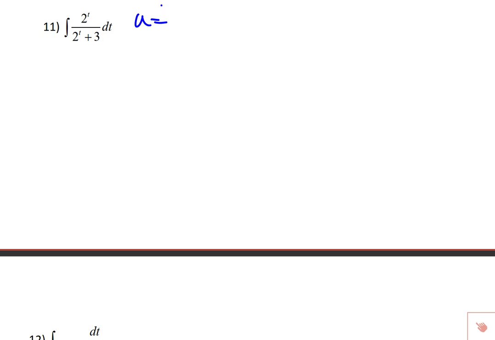Furthermore, we'd like to simplify the function as much as possible in the substitution process. So let's go ahead and let u equal the more complicated looking denominator here, which is 2 to the t plus 3. That means du dt, if you recall our exponential derivatives, will end up being 2 to the t times the natural log of 2.